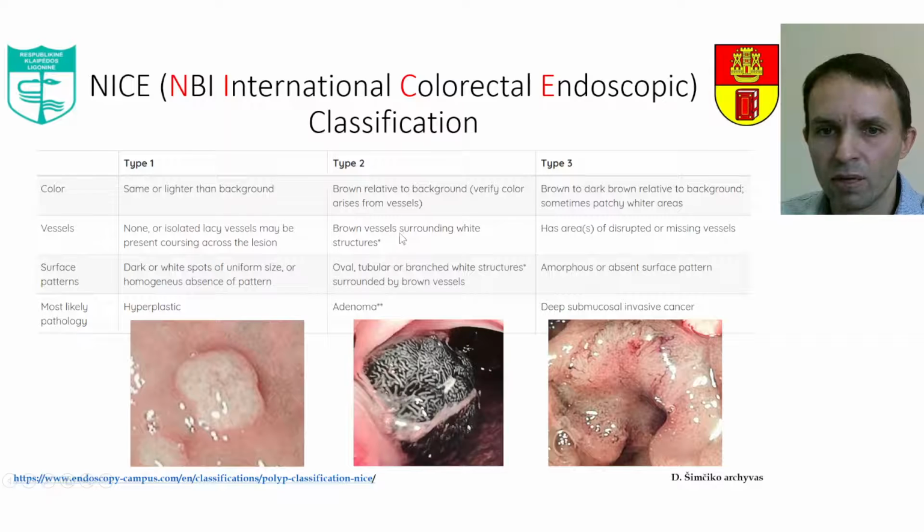Vessels are brown, surrounding white structures, and surface patterns are oval, tubular, or branched white structures surrounded by brown vessels. And when we have cancer, usually vessels are disrupted or missing, and the surface pattern is amorphous or absent.